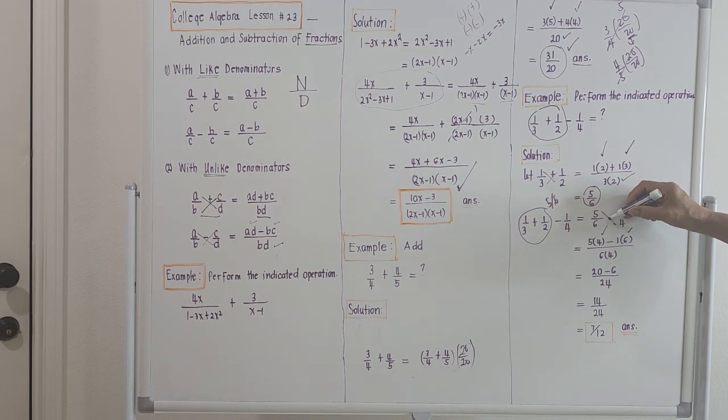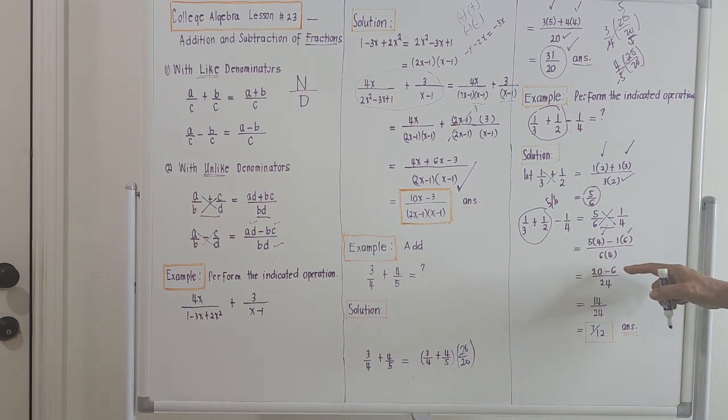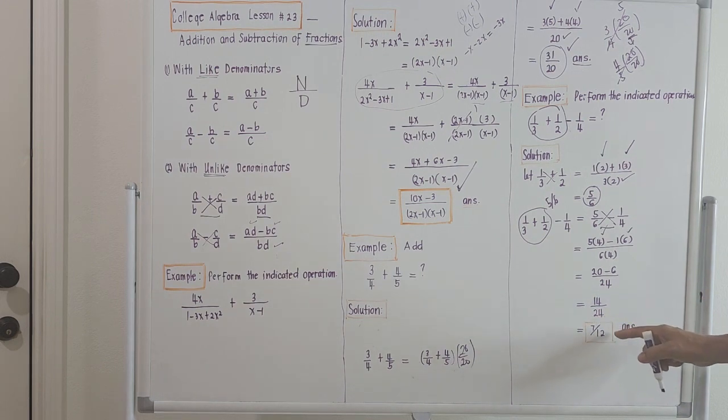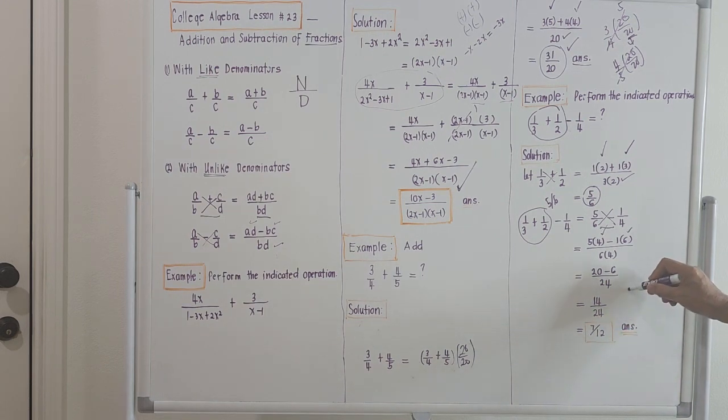Then we multiply this one as the common denominator, so that will be 6 times 4. So this will be 20 minus 6 over 24. That will be 14 over 24, both divisible by 2. So this will be 7 over 12. That's our final answer.